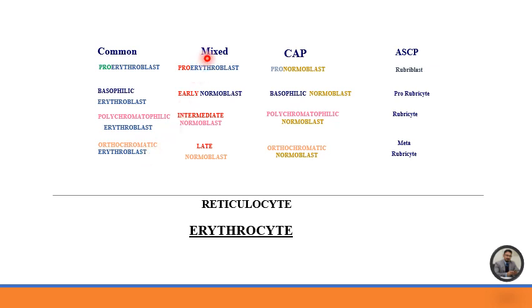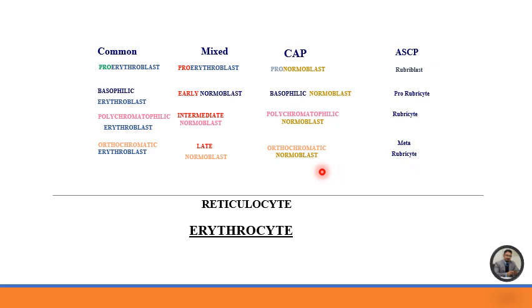Some mixed nomenclature is also seen in books: proerythroblast, then early normoblast, which is the basophilic erythroblast, then intermediate normoblast, and then late normoblast. So some books follow this staging.